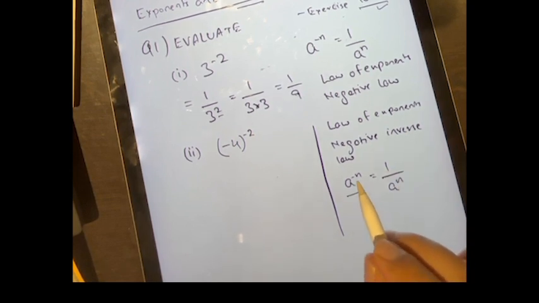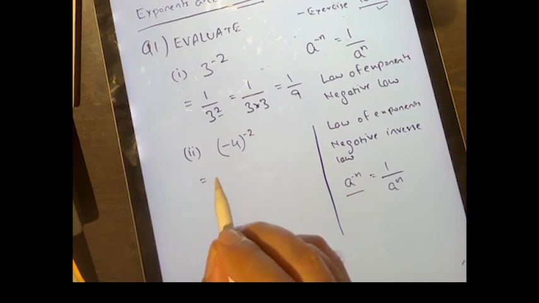So a raised to the power of negative n can be converted into 1 by a to the power of n. So let's try and apply this here.